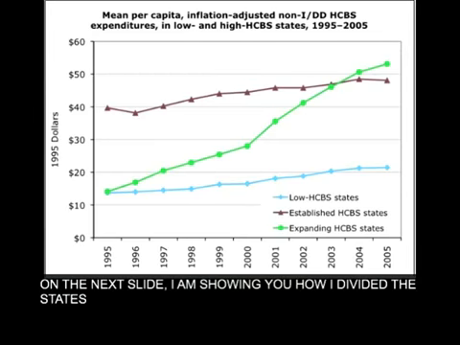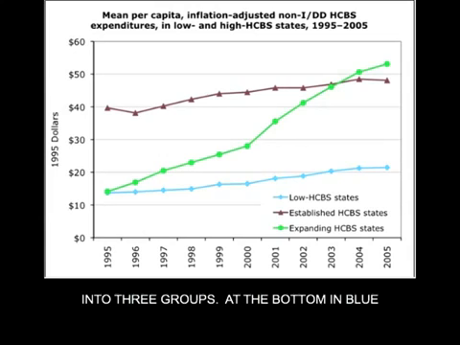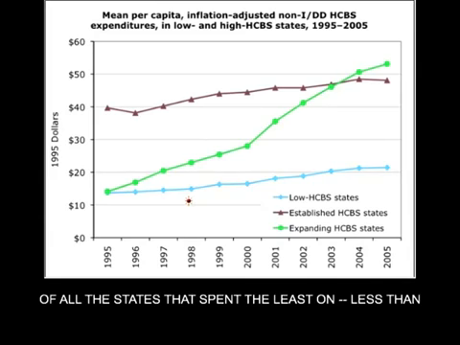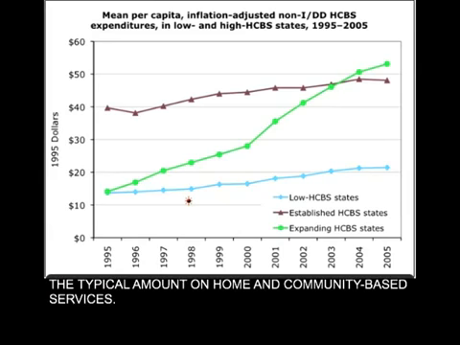On the next slide, I'm showing you how I divided the states into three groups. At the bottom, in blue, are the low HCBS states, which are the half of all the states that spent less than the typical amount on home and community-based services.